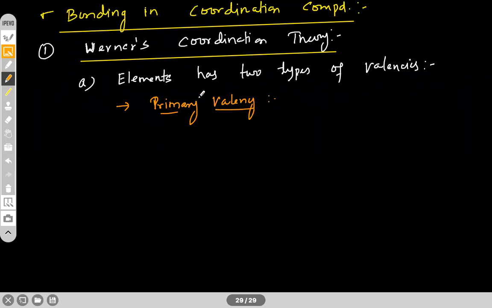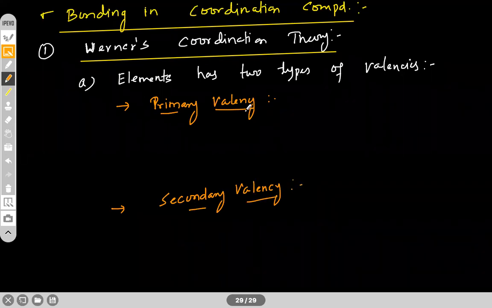and first you write down 2 points into this primary valency, and we also have one more. You can write down 3-4 lines. After 3-4-5 lines, you can write down secondary valency. These are the two valencies we have in a coordination complex, primary and secondary. Write down primary valency.